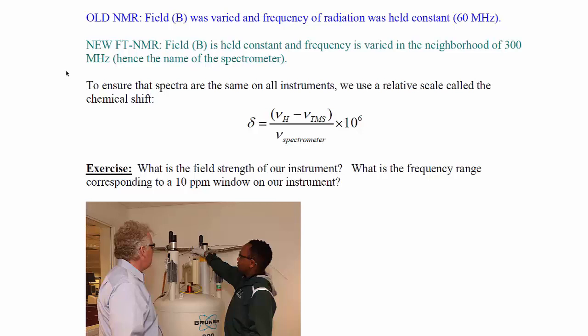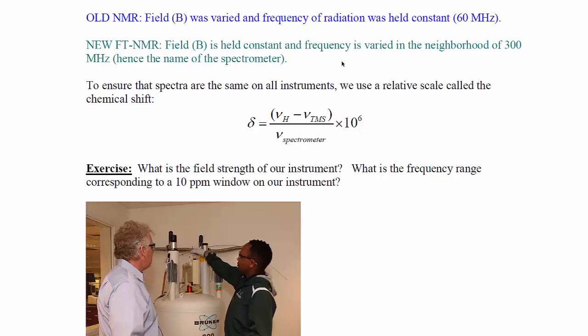Now, what we do, the modern day NMR technique, is to have a really strong magnet, and so that field strength is fixed, the B is fixed, it's held constant, and you listen by varying the frequency, trying to find the signals in the neighborhood of whatever the spectrometer is.